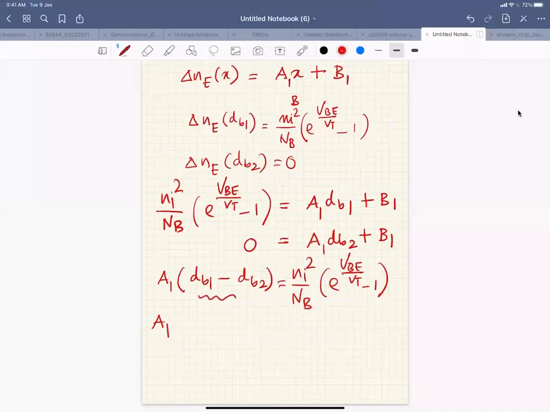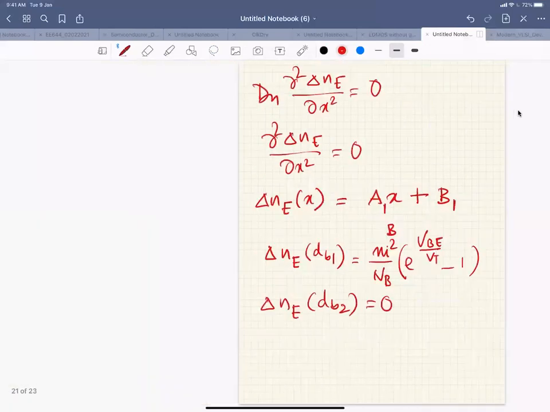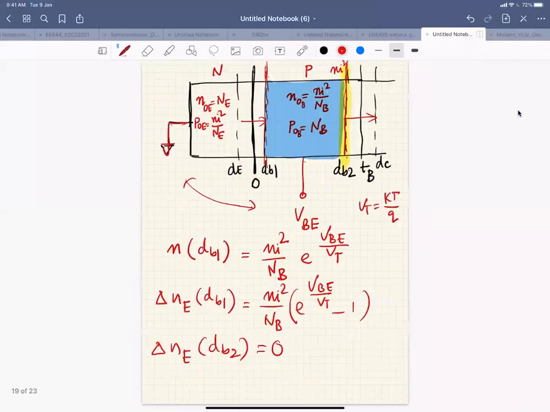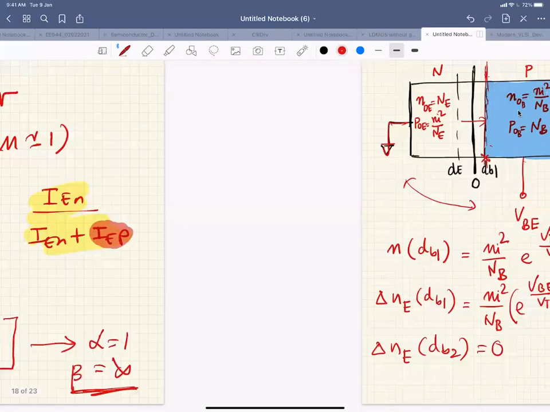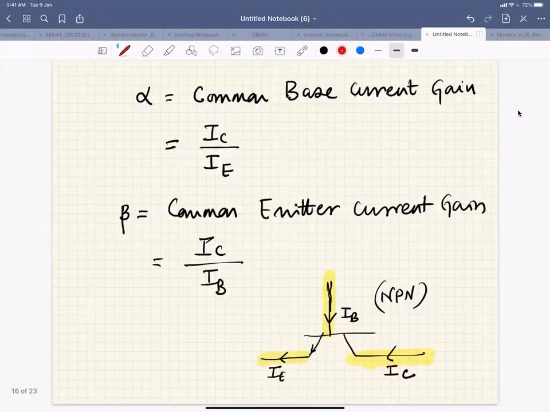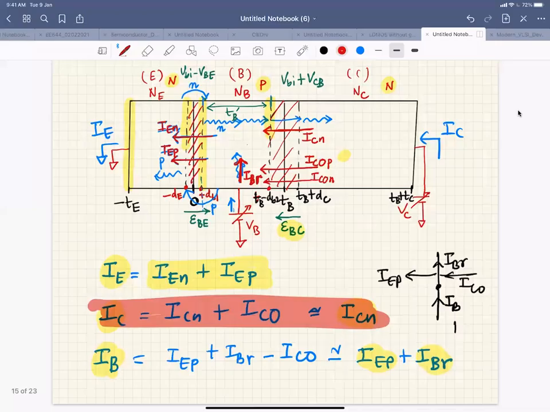So dB1 minus dB2. What is dB1 minus dB2? This is nothing but the neutral region, right? And we have defined this as TB dash somewhere, right?